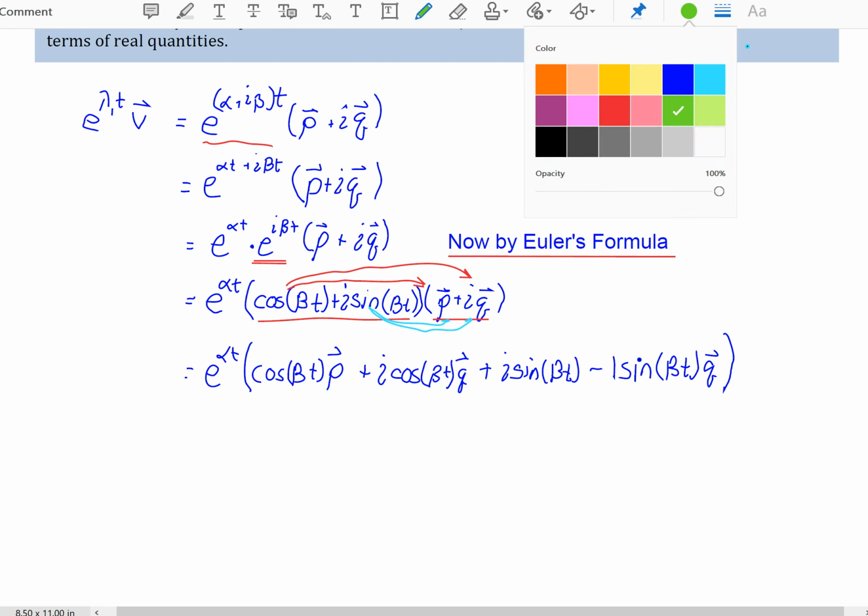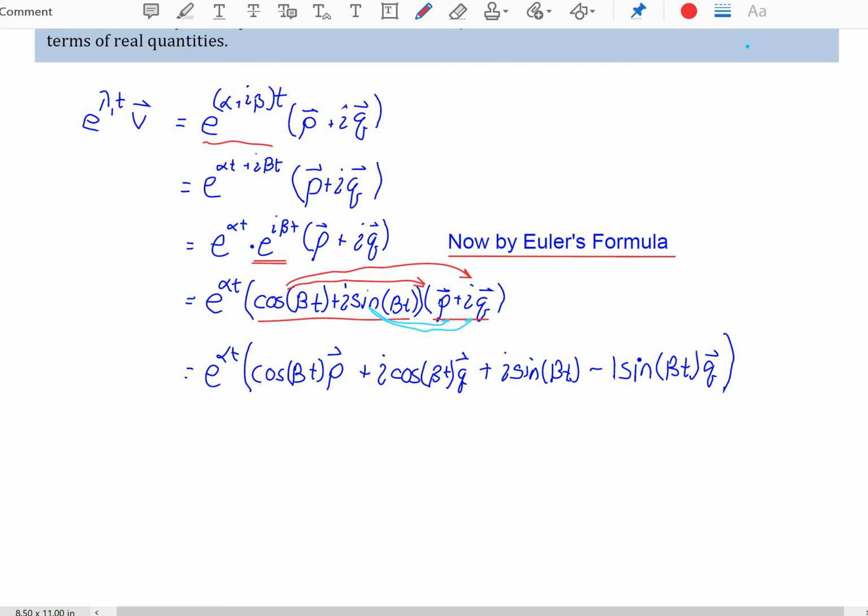Now what I would like to do is regroup your real terms and your imaginary terms. Your real terms are this cosine beta t p and this minus sine beta t q.